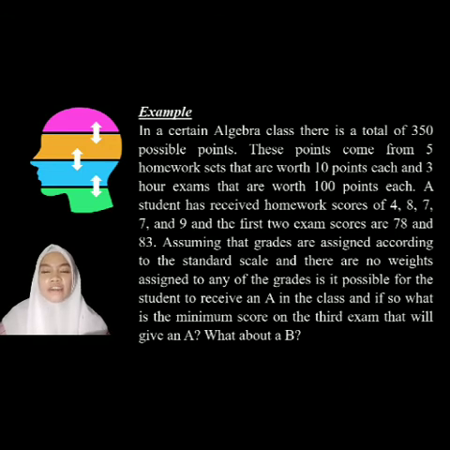Okay, next example. In a certain algebra class, there is a total of 350 possible points. These points come from 5 homework sets that are worth 10 points each, and 3 exams that are worth 100 points each.